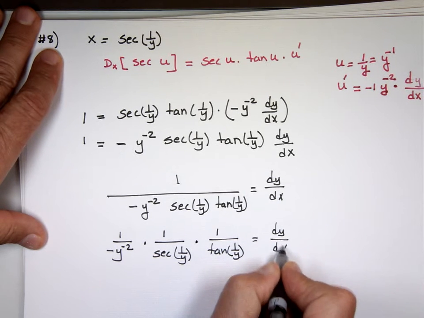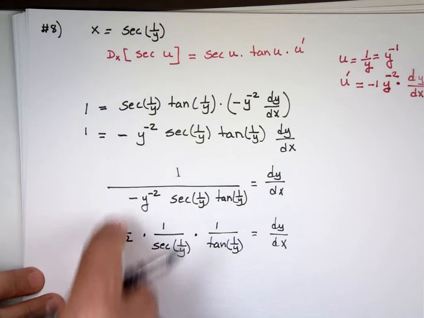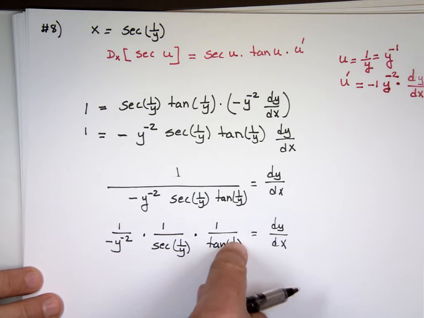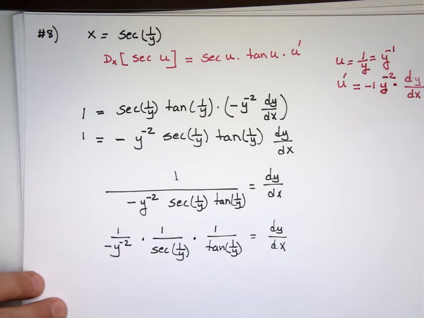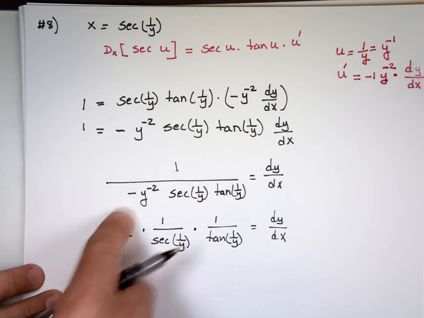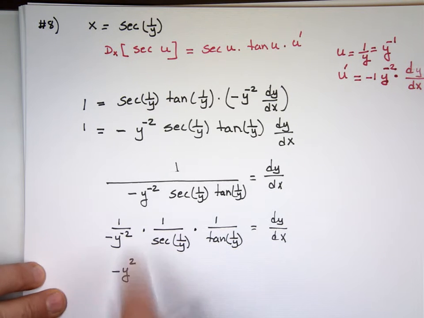I could write it like this, and let's simplify each one of them. When you multiply the top times the top times the top over the bottom times the bottom times the bottom, you end up with the same thing. But the nice thing is this becomes 1 over a minus 1, that's a negative y squared. When you bring y to the minus 2 to the top, it becomes y to the plus 2.